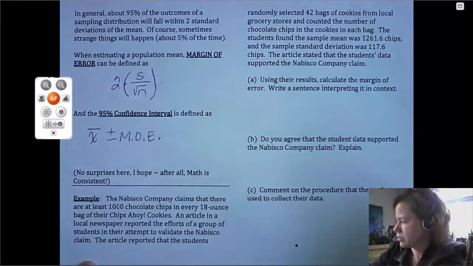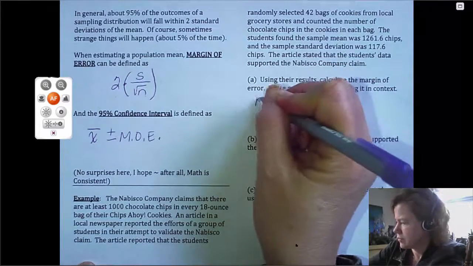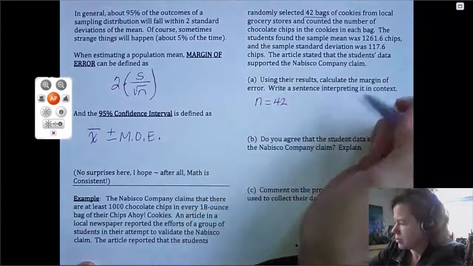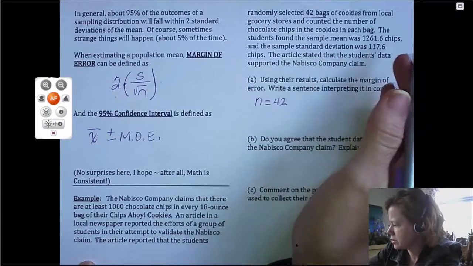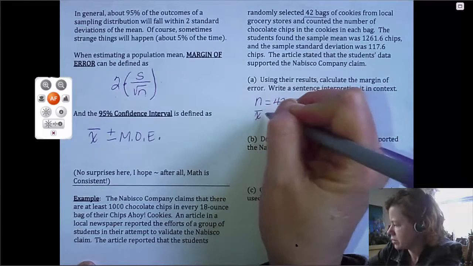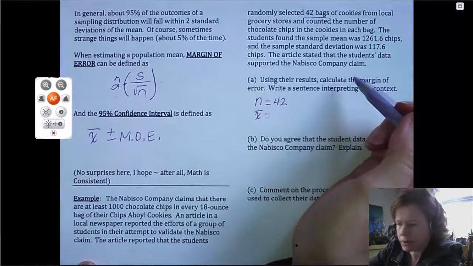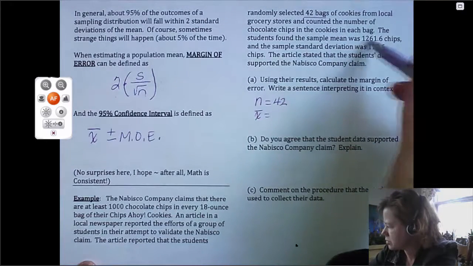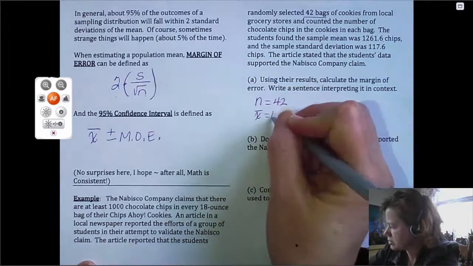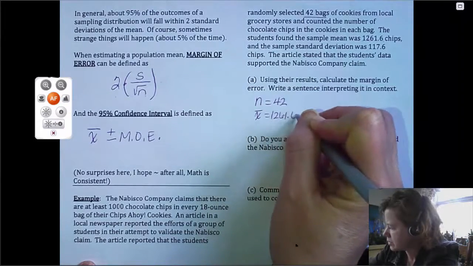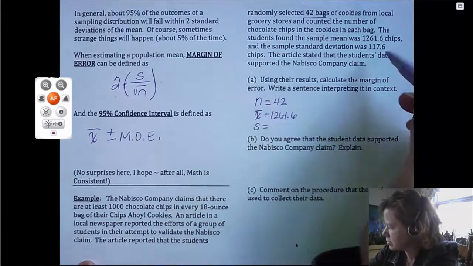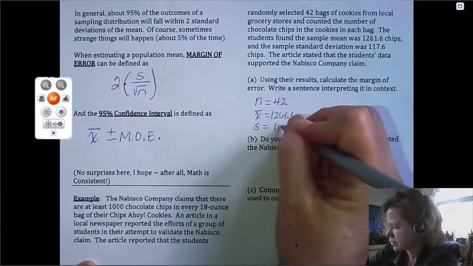So, to find margin of error, we need our sample size, which in this case is 42 bags. We need our sample mean. Not really, we'll do that later, but that's okay. Our sample mean is 1,261.6. And the sample standard deviation is 117.6.